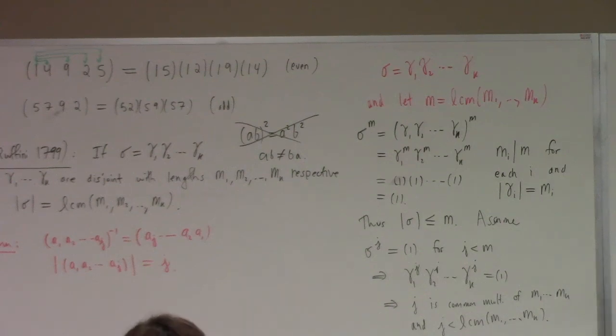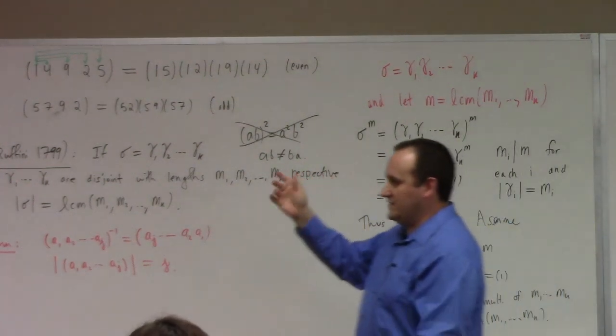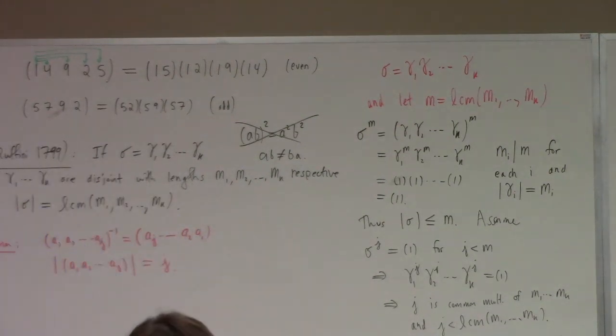Let's actually use this. So going back to our first example today, what's the order of alpha? Well, we don't usually write order of alpha, we usually do the least common multiple. Are these disjoint cycles? Yes, they are.